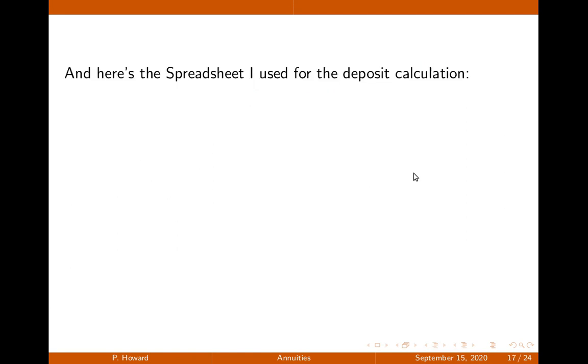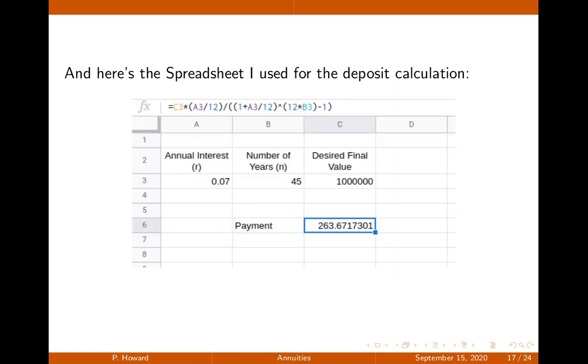And here's the spreadsheet that I used for this deposit calculation. So the monthly payment occurs here in cell C6, and what's actually in cell C6 is the formula from the previous slide, with the final value A replaced by C3 because the value of A appears in cell C3, and so on.